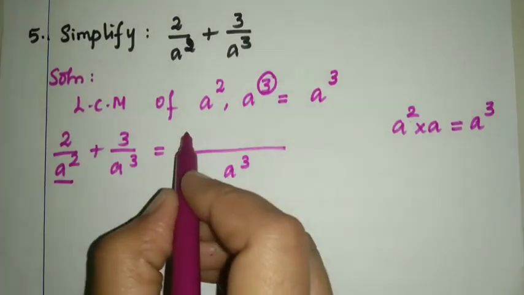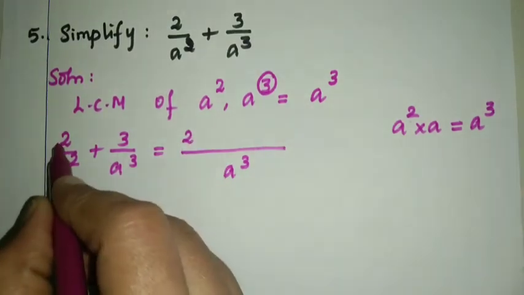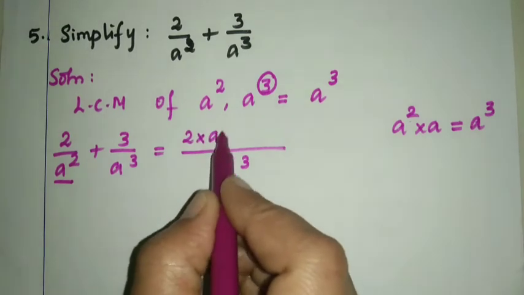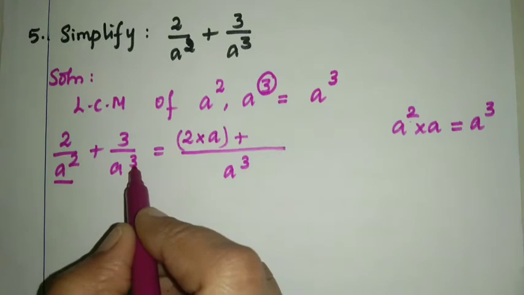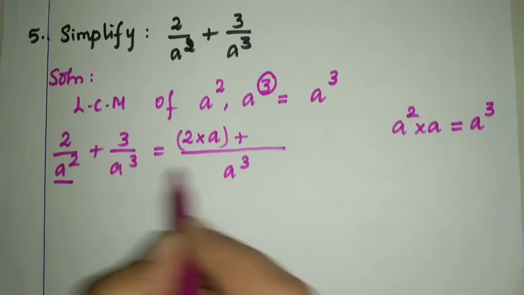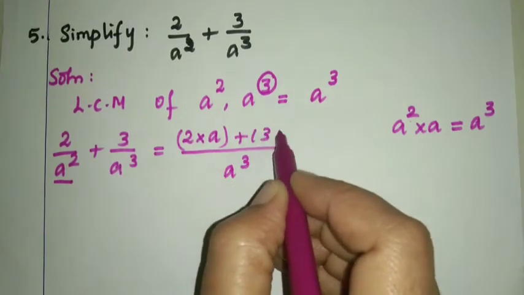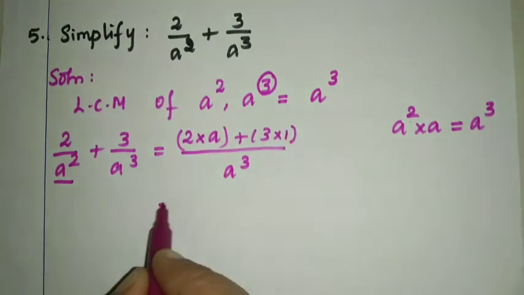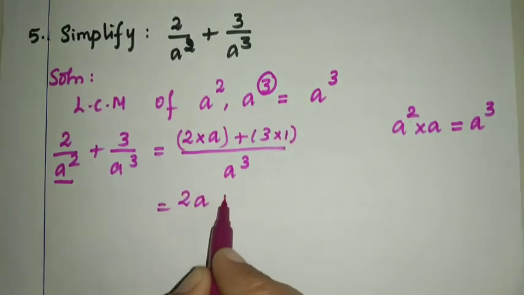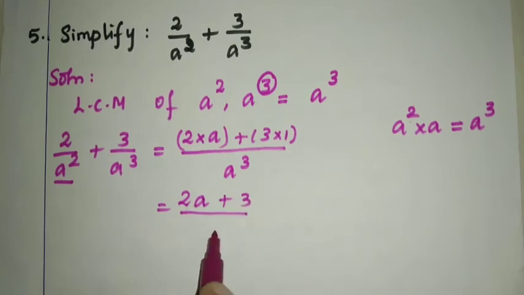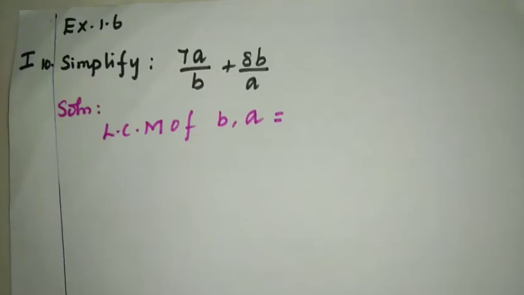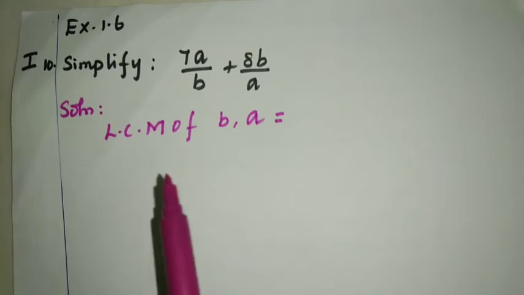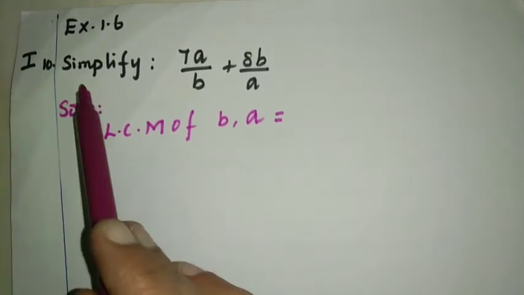So the first fraction's numerator 2 must be multiplied with a, plus 3, divided by a power 3. The denominator is already a power 3. So 3 is multiplied with 1, which is equal to 2a plus 3 by a power 3. Here comes the answer.